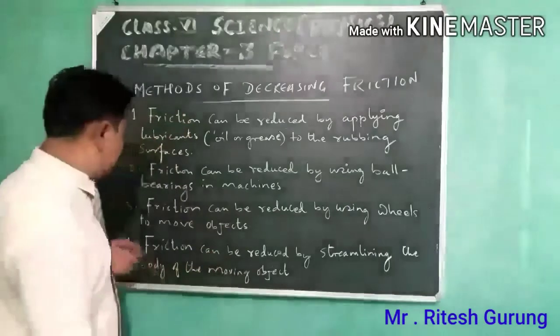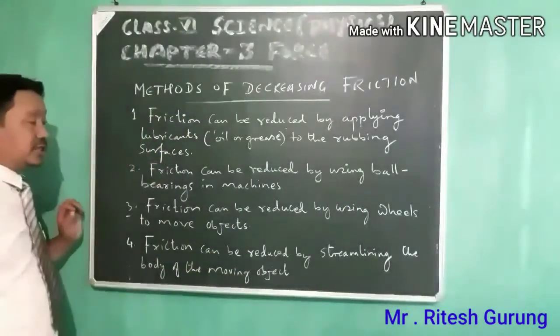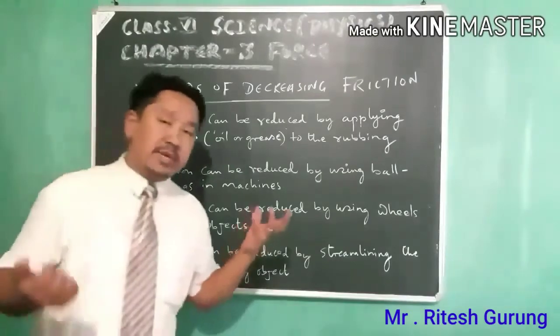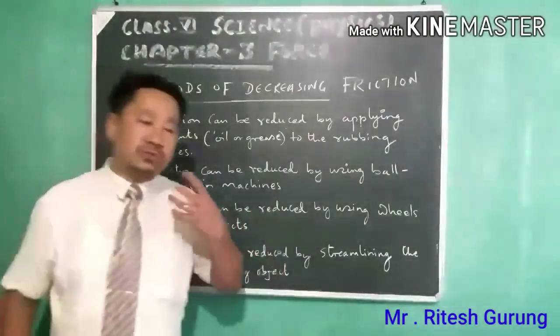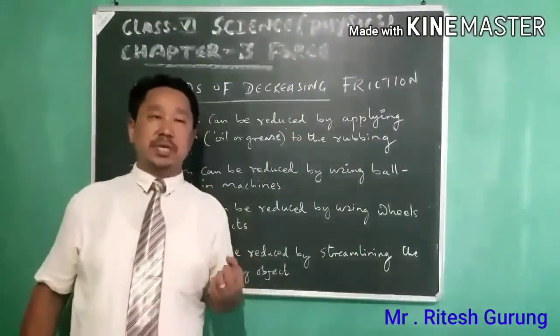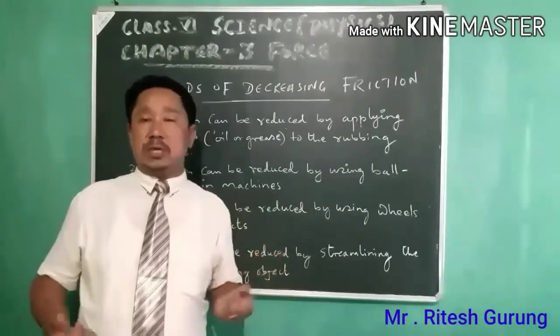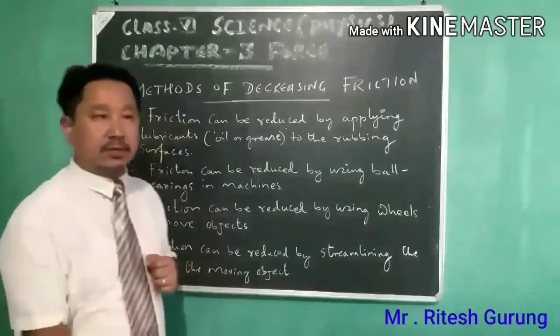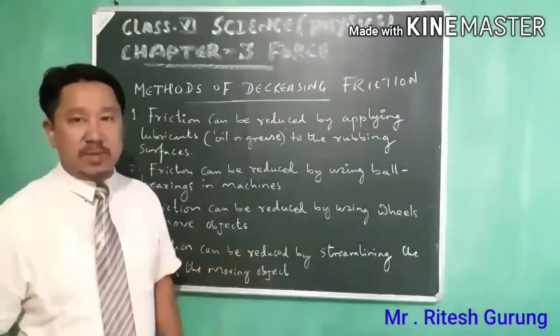All right, so the other one is that friction can be reduced by using wheels to move objects. There are many heavy objects, like you see a heavy suitcase. Some other heavy loads also cannot be carried easily. They cannot be easily dragged also because they are very heavy.